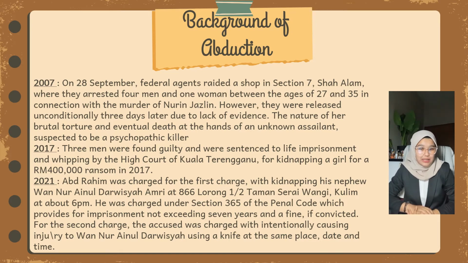However, they were released unconditionally 3 days later due to the lack of evidence, the nature of her brutal torture, and eventually death at the hand of an unknown assailant suspected to be a psychopathic killer. Alright, in 2017, 3 men were found guilty and were sentenced to life imprisonment and whipping by the High Court of Kuala Terengganu for kidnapping a girl for a RM400,000 ransom in 2017.